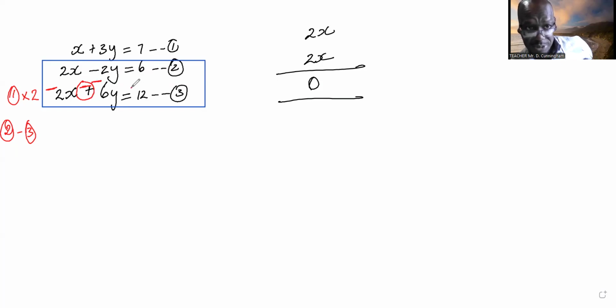And this is minus. So 2x minus 2x is 0, right? Negative 2y minus 6y, because we changed our minus and a plus to a minus. So minus 2y minus 6y. How much is that?